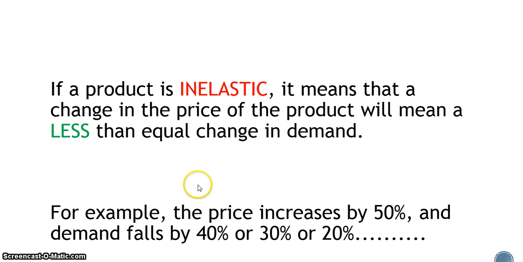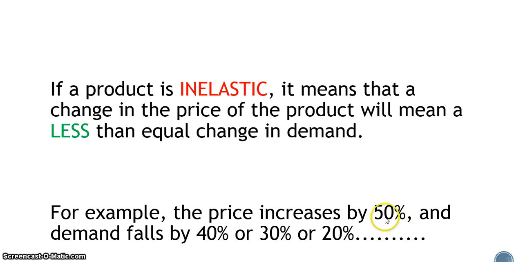That's because if it's inelastic, we have changed the price by this number. Demand is going to change, but it's going to change by less. So if it's inelastic, as it says, it will change by less.